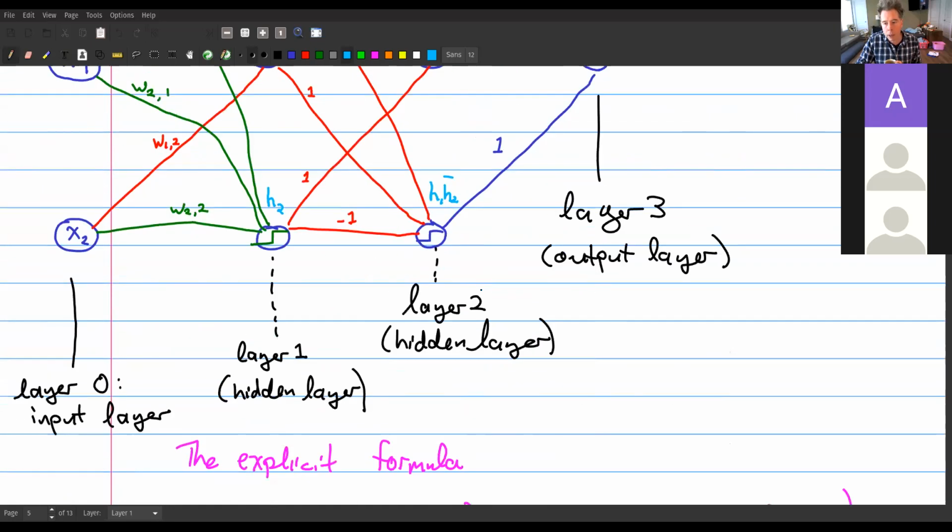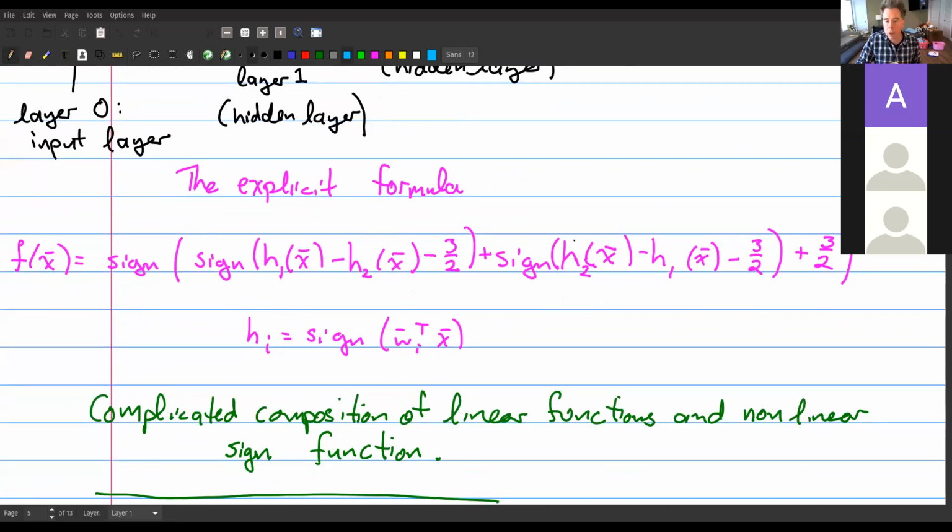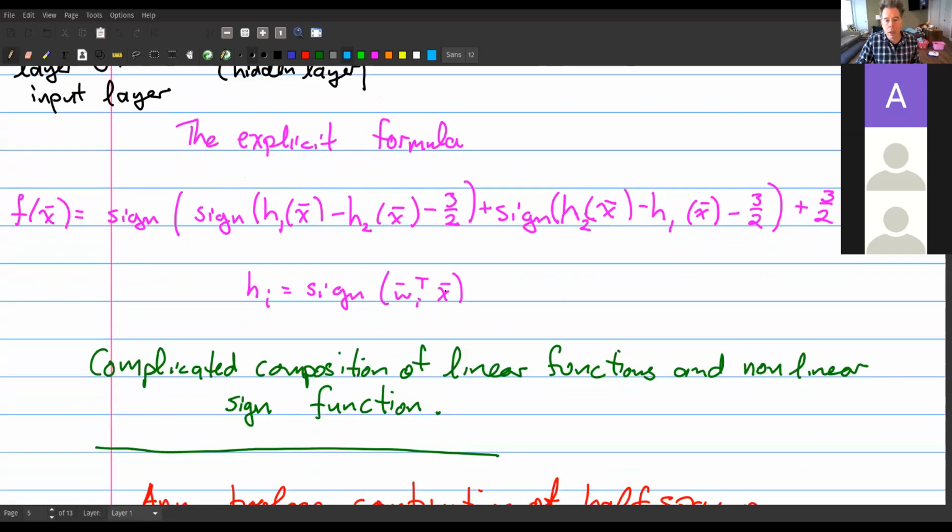Then you just expand things term by term, and you get this formula, which is a lot uglier. But notice that it's just a complicated composition of linear functions and one nonlinear function, which is the sign function.